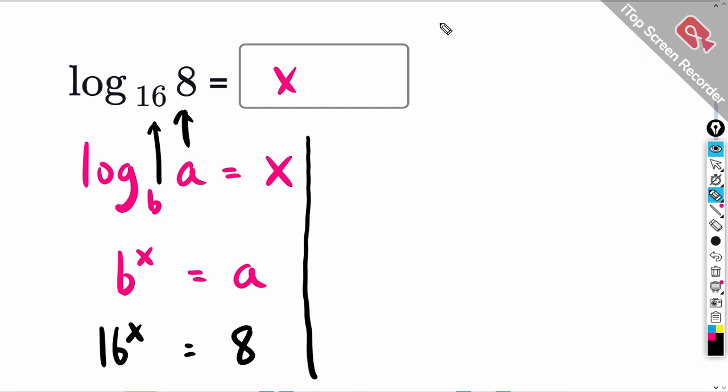All right? So I know that 2 to the 3rd equals 8. 2 multiplied 3 times would give us 8, and 2 multiplied 4 times would give us 16.